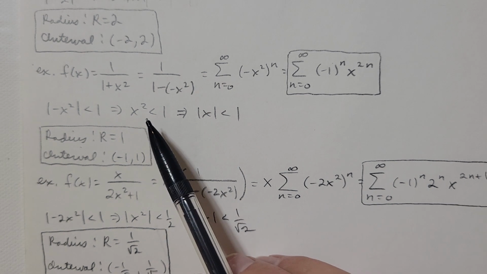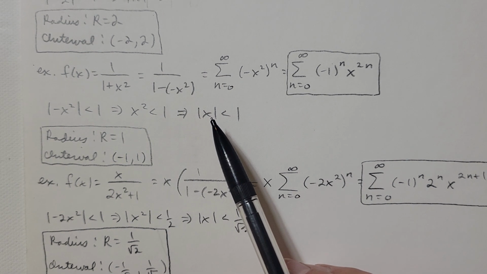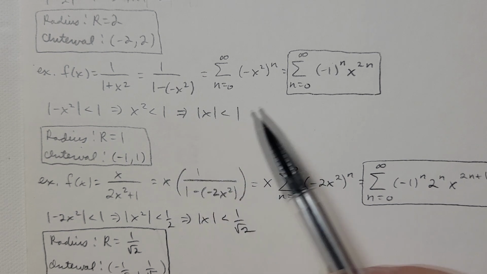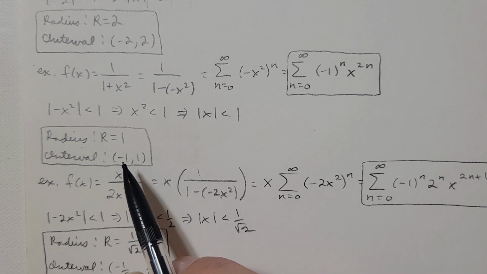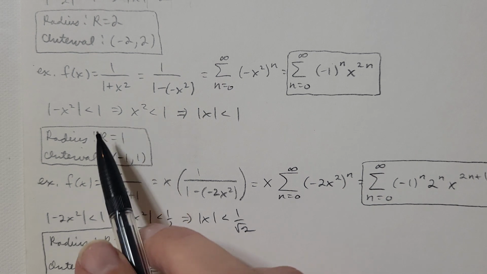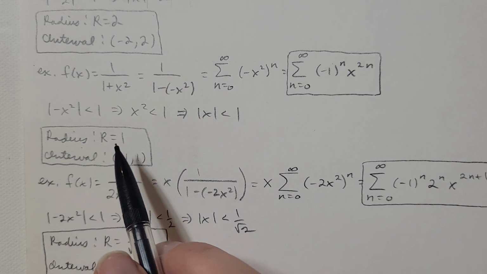You got x squared less than 1. That means that x is less than 1 and x is greater than negative 1 when I take the square root of both sides. So the interval would be negative 1 to 1, and the radius is half of this interval length. The interval length is 2, right? Half of 2 is 1.